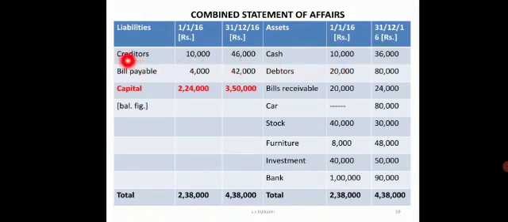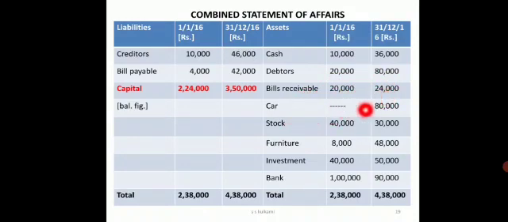Now we'll start entering the respective assets and liabilities. On the credit side I have creditors 10,000 for the opening and 46,000 for the closing. Bills payable 4,000 and 42,000. Next is cash, 10,000 and 36,000. Debtors 20,000 and 80,000. Bills receivable 20,000 and 24,000.